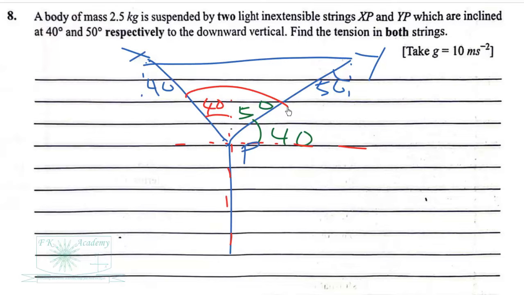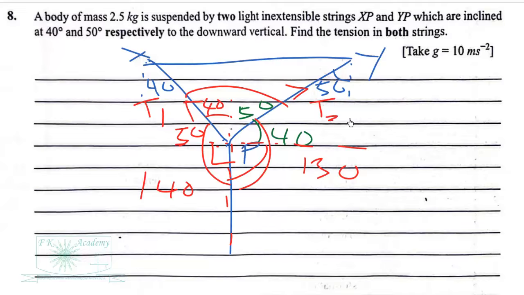So the whole thing here will be 90. Then 90 plus 40, so the whole thing here will be 130. And the whole thing here will be 40 plus 50, so 50 plus 90, so that will be 140. So let this be the tension T1, and this one tension T2.